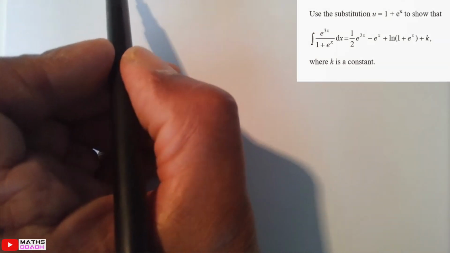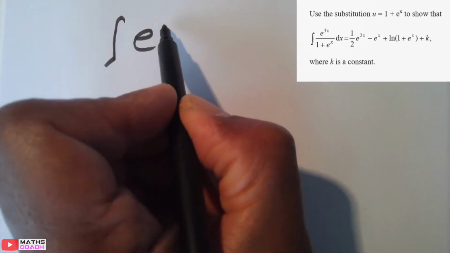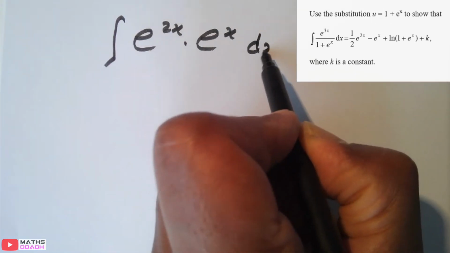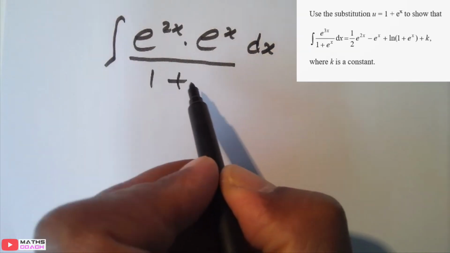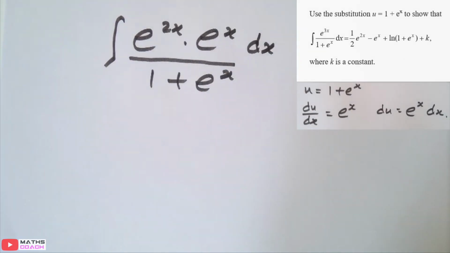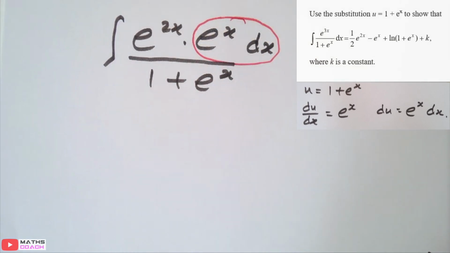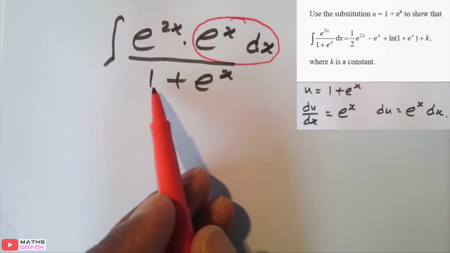At the moment we have e to the 2x multiplied by e to the x dx over 1 plus e to the x. Well, we know that du was equal to e to the x dx, so this is going to be du. We know that 1 plus e to the x from the question is u.